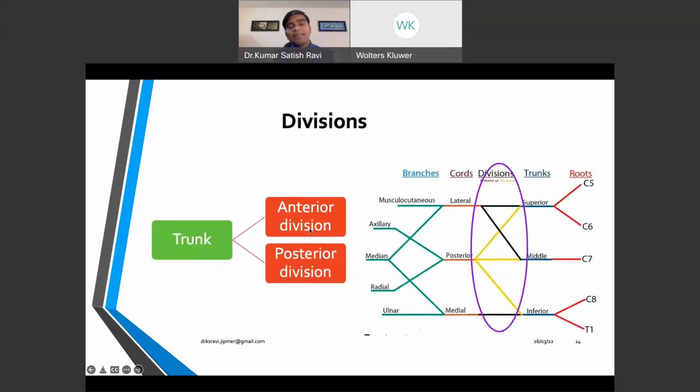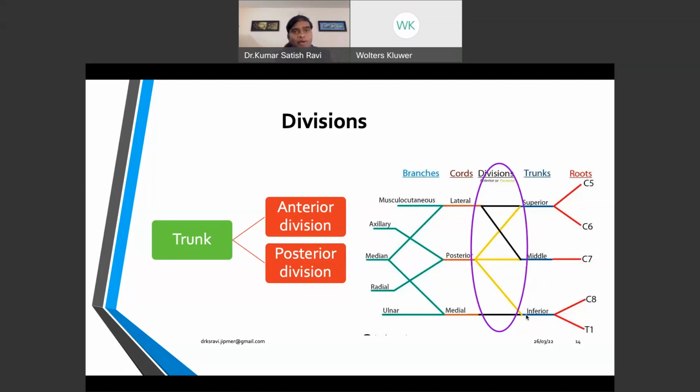Again, each trunk will have two divisions: one is the anterior division and another is the posterior division. In the diagram, I have already described that the upper trunk has the anterior and posterior divisions, and similarly the middle trunk and the lower trunk.